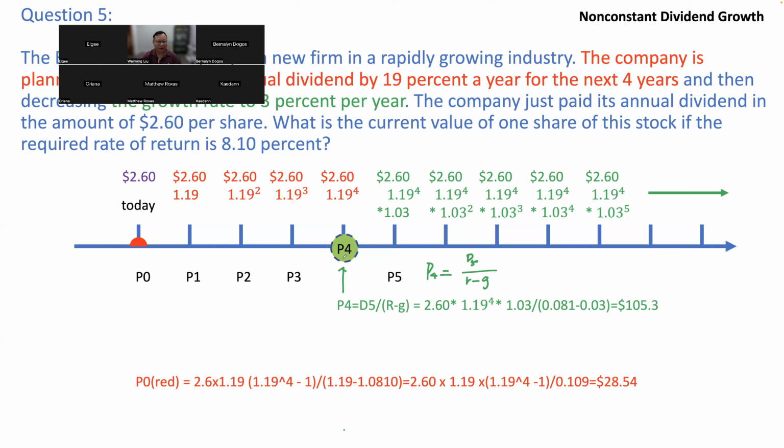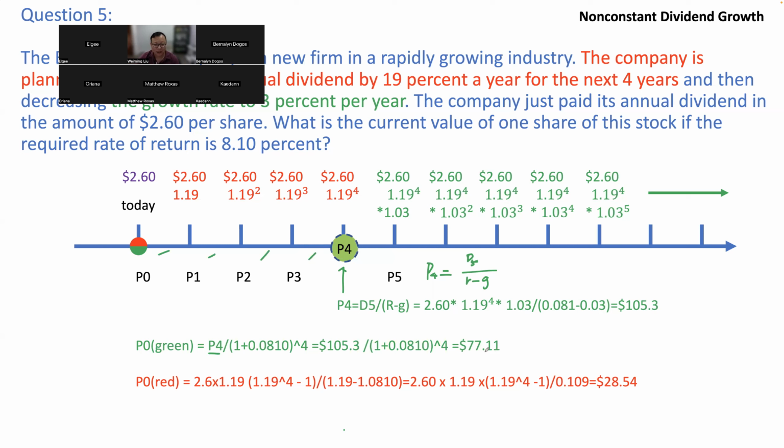Okay, so it's calculated like this. P0 green equals P4, then you use the discounting factor, divided by 1 plus R to the power of 4, because it's 4 years: 1, 2, 3, 4. So there are 4 time periods. If you want to discount P4 to P0, use P4 divided by 1 plus R to the power of 4. So now we get 77.11.